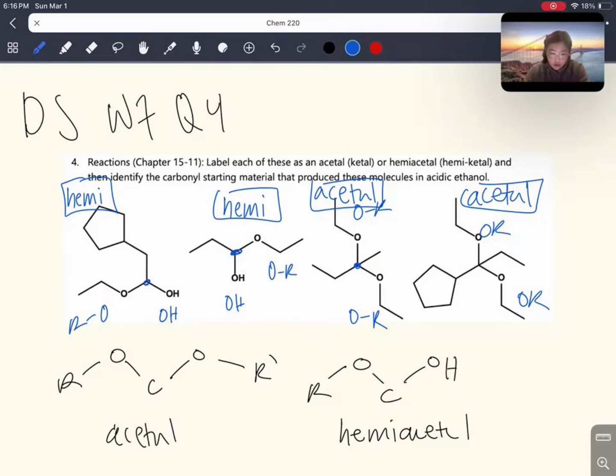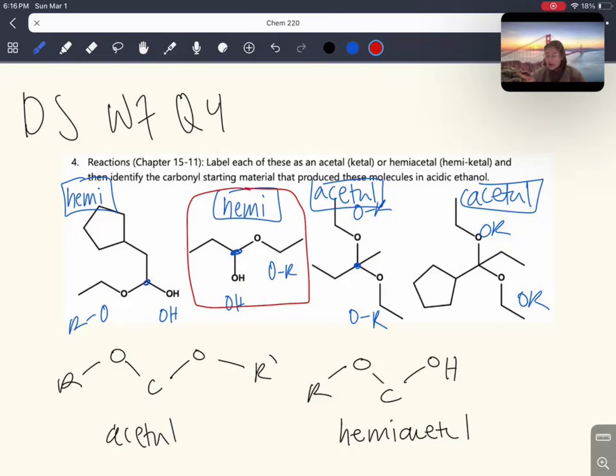The way I'm going to do this question is, for one of the hemiacetals, this second one, I'm going to tell you the answer and show you the forward step of how the hemiacetal reaction would work, just so that you know the general mechanism.